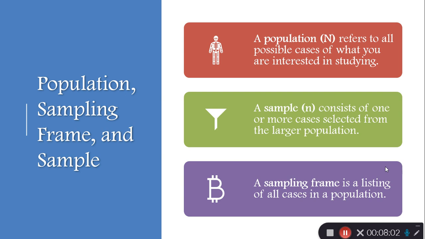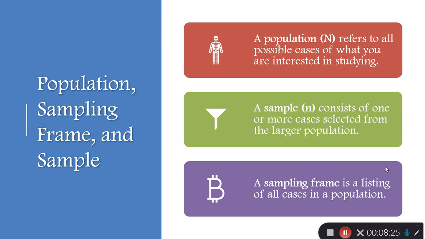So this is the entire universe. This is every single individual or case that makes up your population of interest. A sample, as we've already learned, is a subset of the population, and it consists of one or more cases that we select or extract from the larger target population.